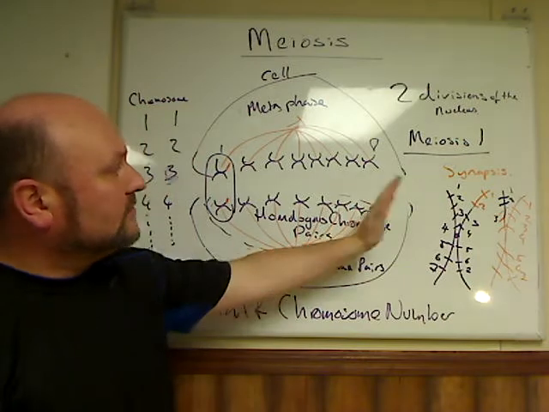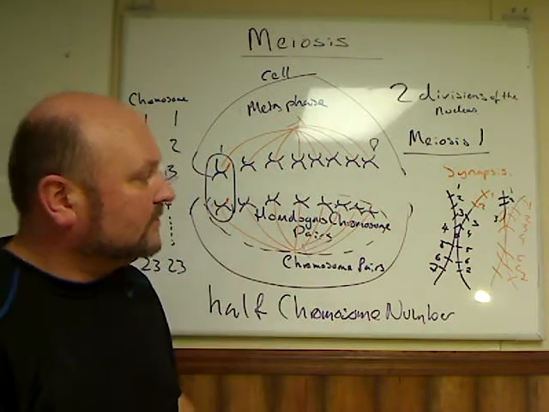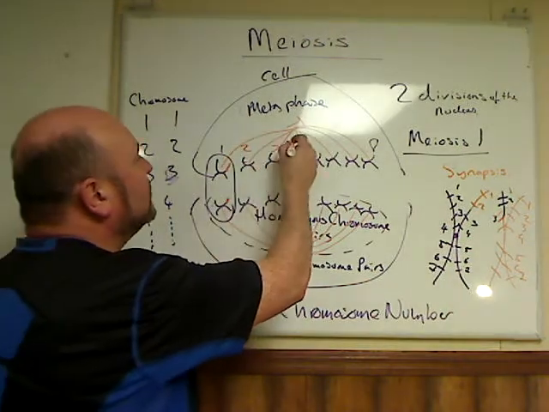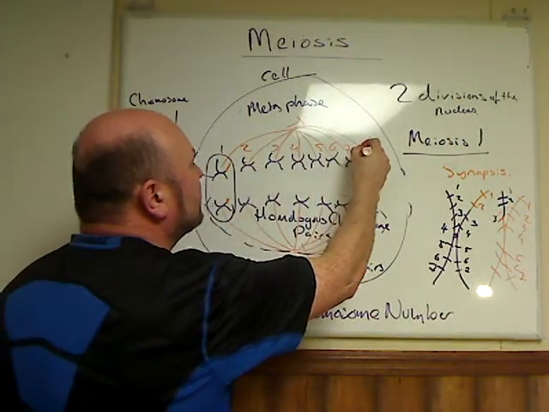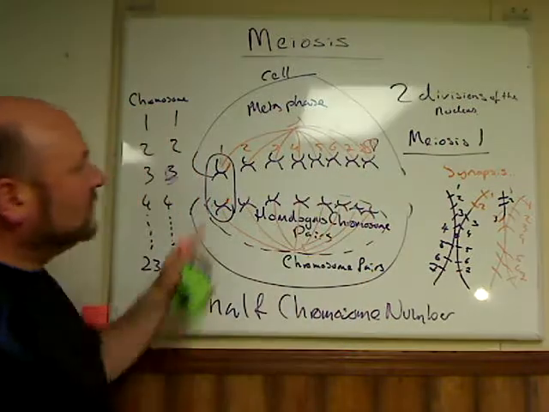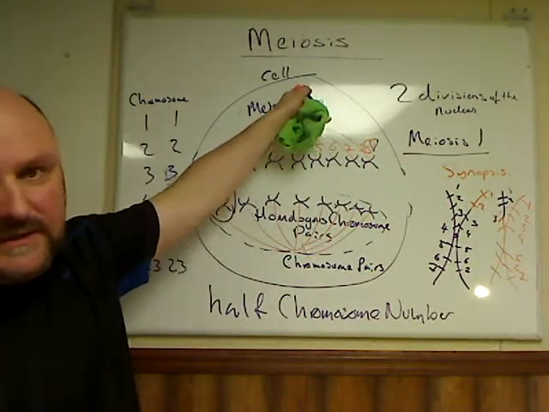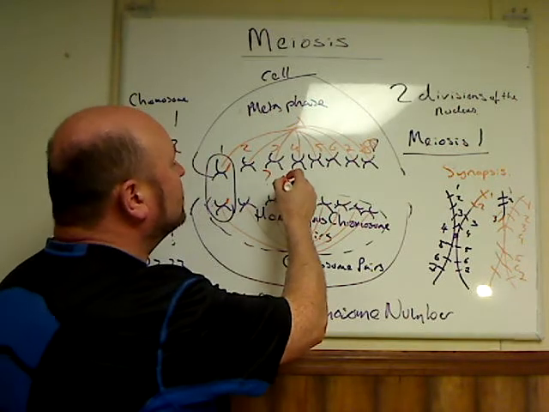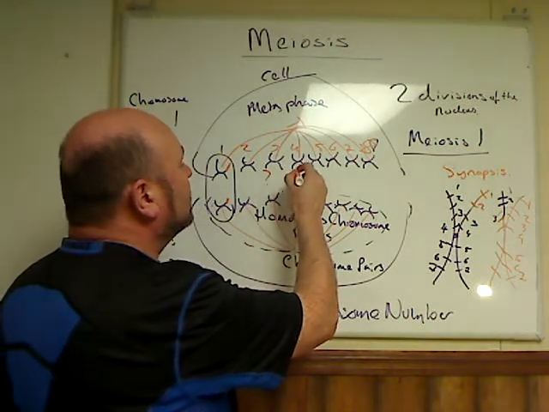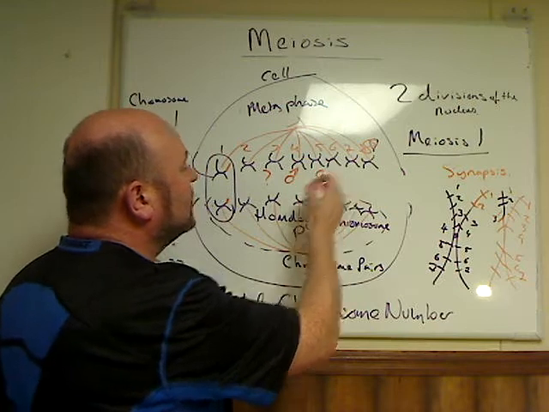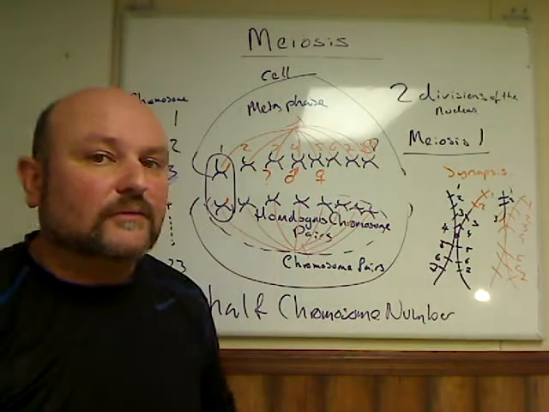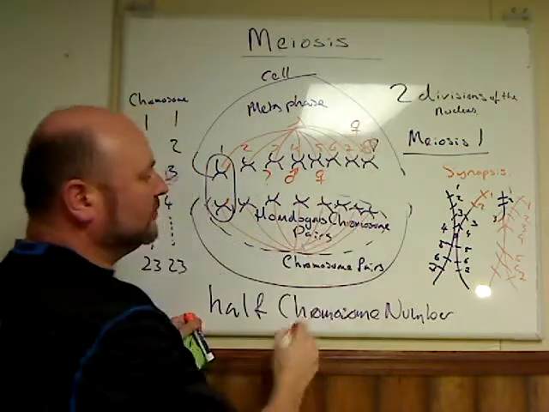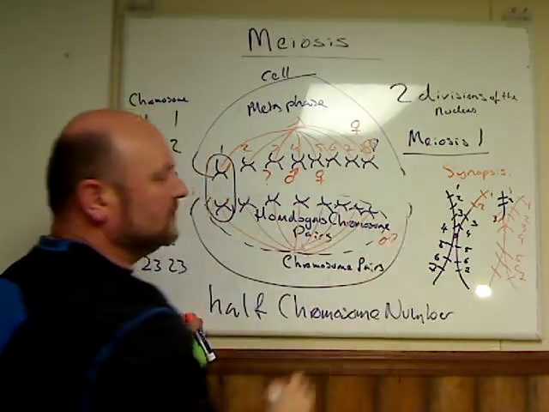Another part of the variation that occurs here is that we don't know for chromosome 1, 2, 3, 4, 5, 6, 7 and 8, of the ones that go into this cell here, how many came from your father or your mother. So you could have one where all of these were from your mother, all of these from your father.